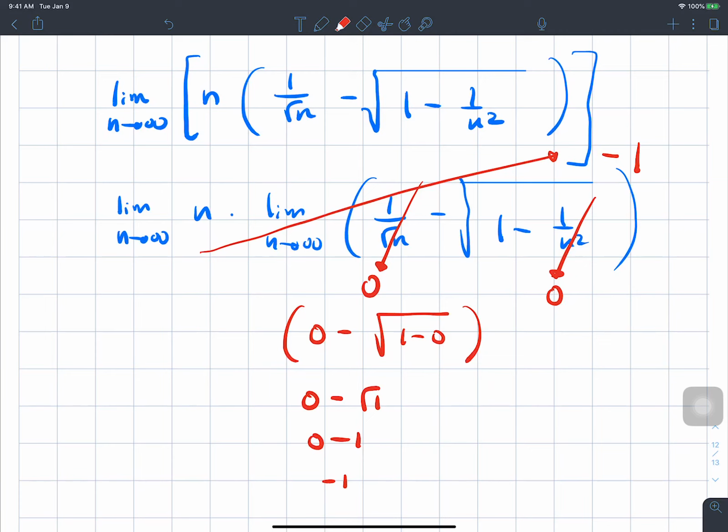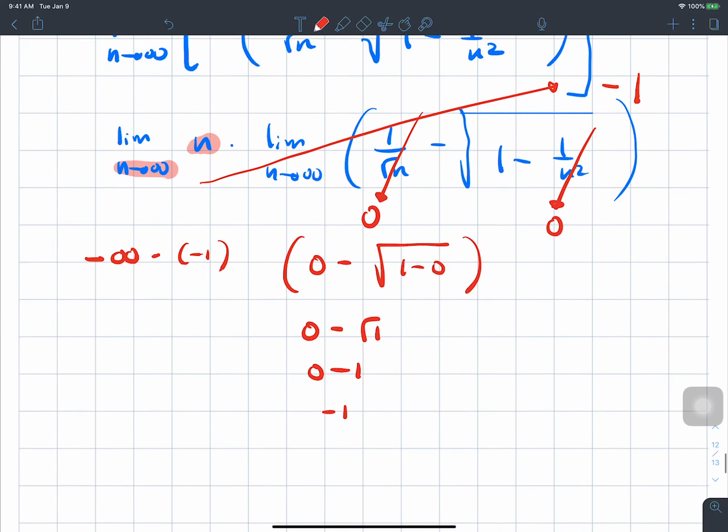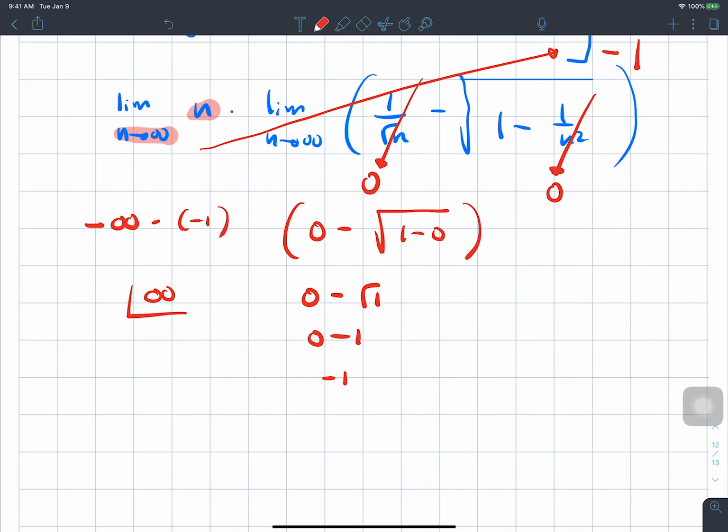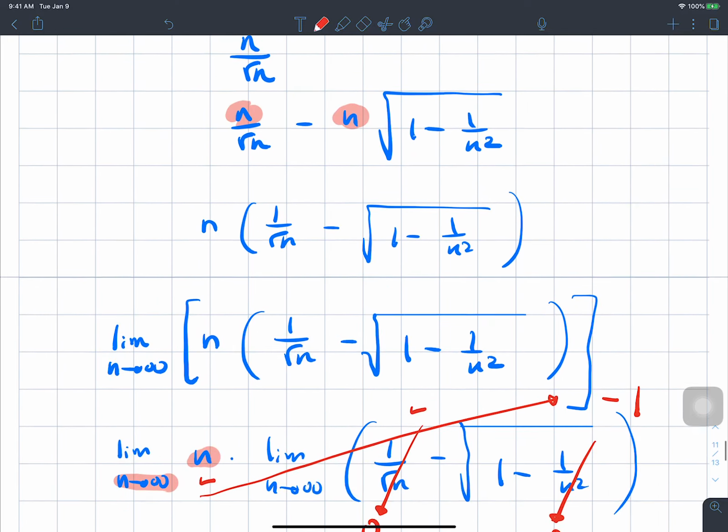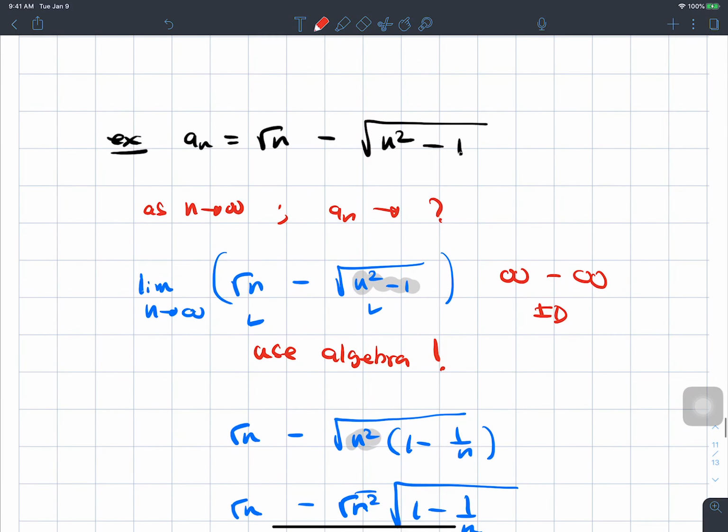But what's happening with this? Remember, n gets big. So we end up with n getting big times a negative 1 there. This portion goes to negative 1. Together as a product, it goes to infinity. And so what we have shown here, using some algebra again, no L'Hopital's rule, is that a_n goes to infinity.